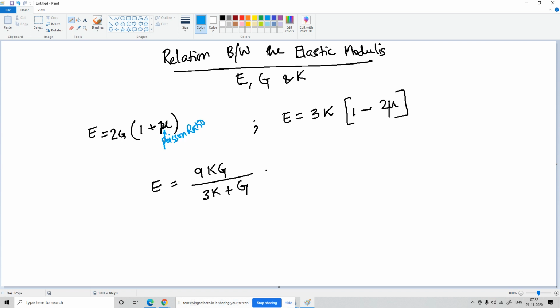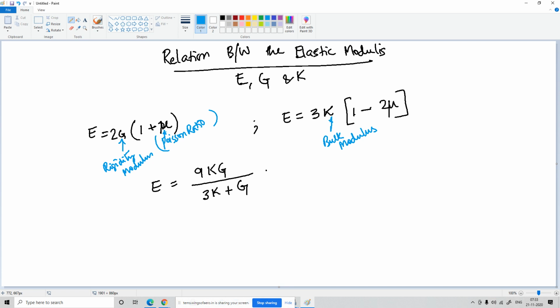Mu is the Poisson ratio. G is the rigidity modulus, K is the bulk modulus. So you can expect a problem combining this relation between the elastic moduli. These are very important formulas.